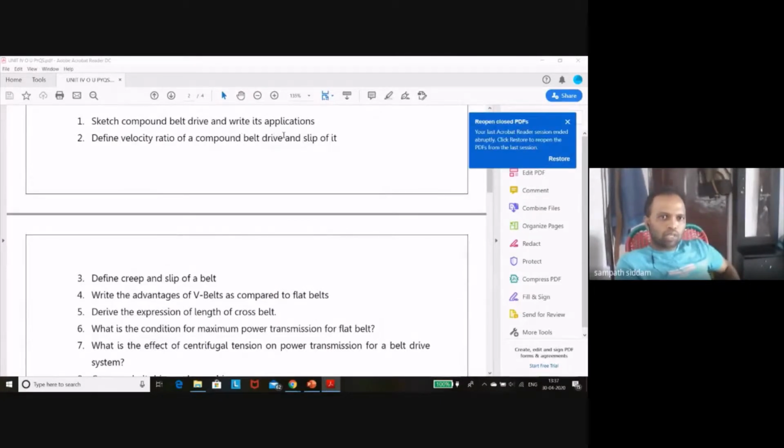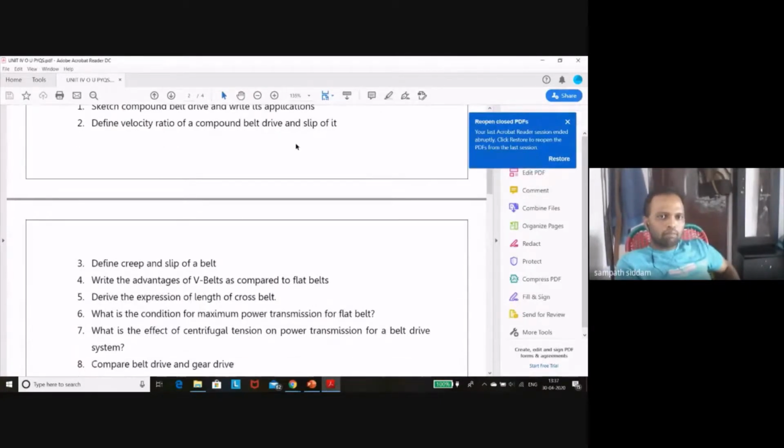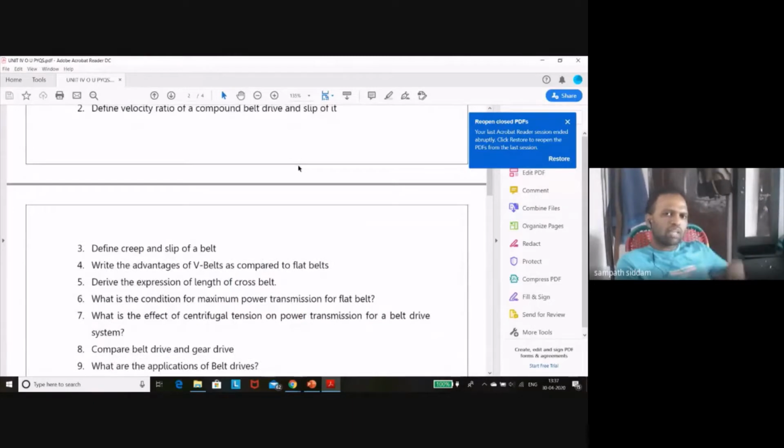A compound belt drive is a combination of belts, which has more advantages: you can have more power transmission, transmission over larger distances, smoother running, and higher efficiency. In many ways you can extend the advantages. Next, velocity ratio of the compound drive, and slip.